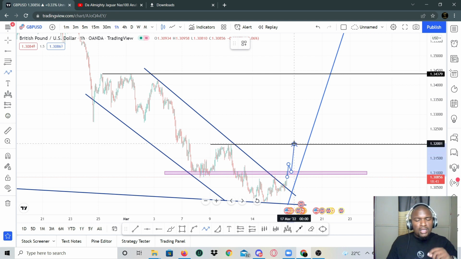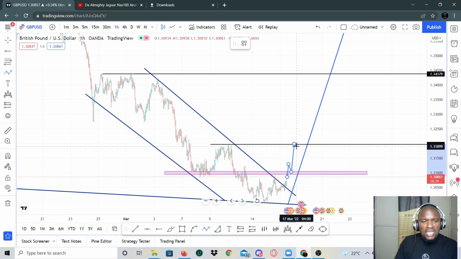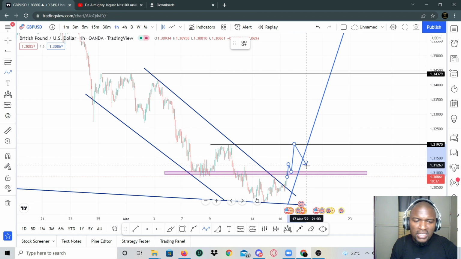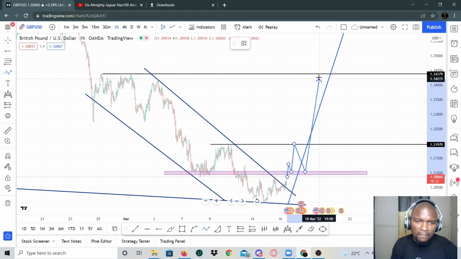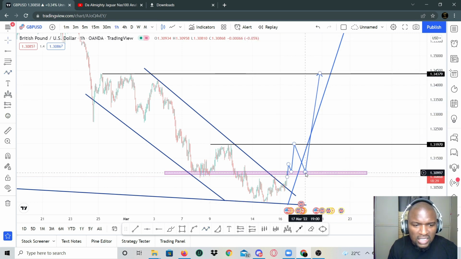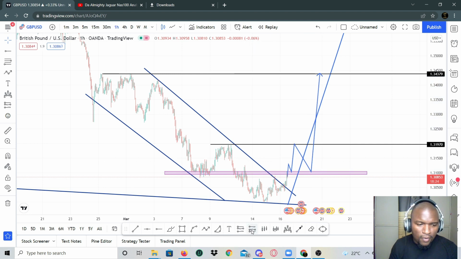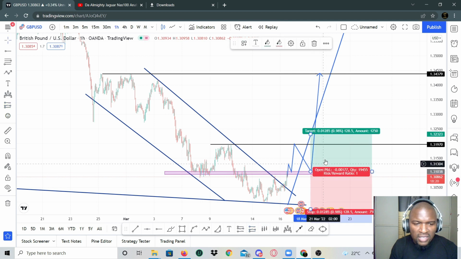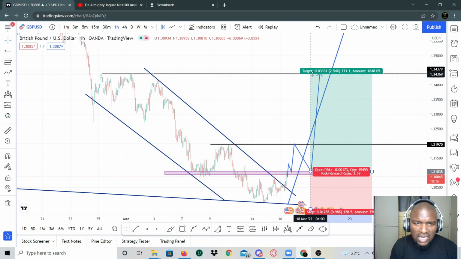Since this has given us an indication that we can expect a pullback to these levels, and from there more push to the upside, we can capitalize on more buying opportunities once price arrives and gives us this neckline, guys.